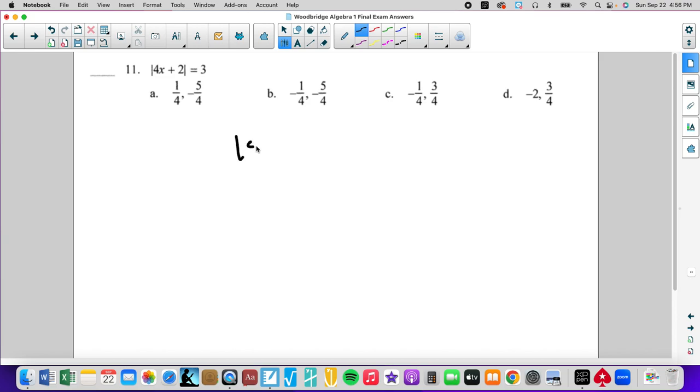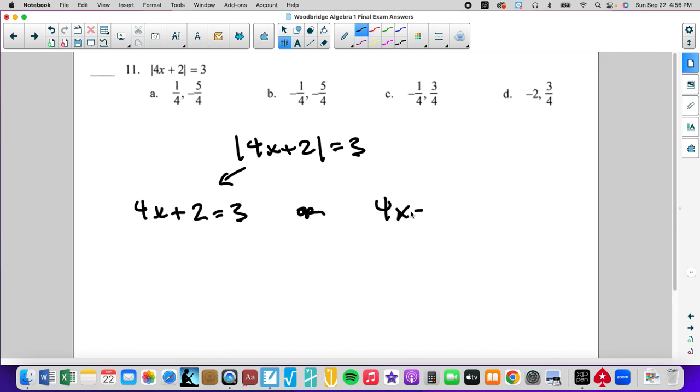So this says the absolute value of 4x plus 2 equals 3. So it says what number has a distance of 3? So this whole value could either equal negative 3, which would kick out a 3, or positive 3 would kick out a 3. So this needs to either equal 3, or that value needs to equal negative 3.